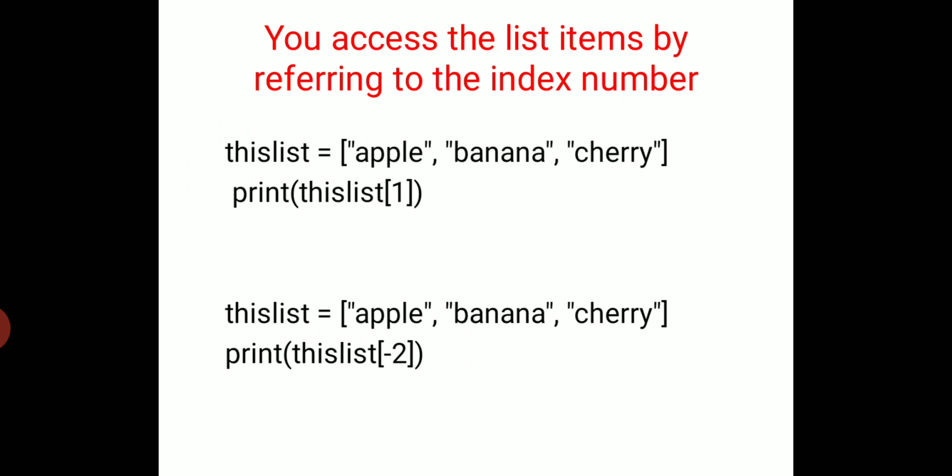We know that an array starts from the initial state, that is 0, 1, 2 and so on. So I give the number 1. What is the output? At indexing 0 apple, indexing 1 banana and indexing 2 cherry. So the element on indexing number 1 is banana.